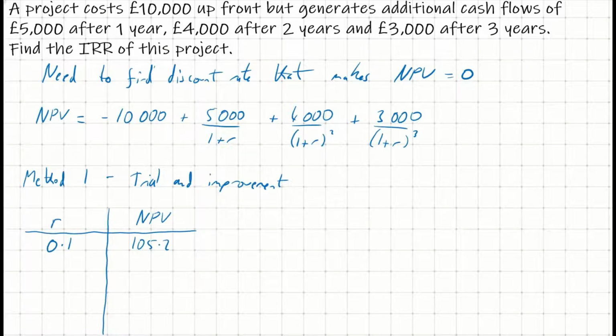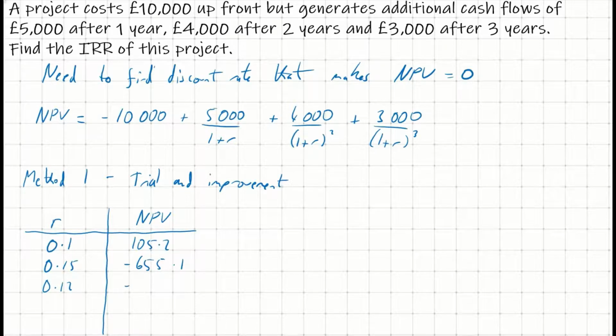So let's try 0.15. If I try 0.15, I get negative 655.1 as my NPV. Because this is negative, the IRR is going to be less than 0.15. We'll try something closer to 0.1, so let's try 0.12.